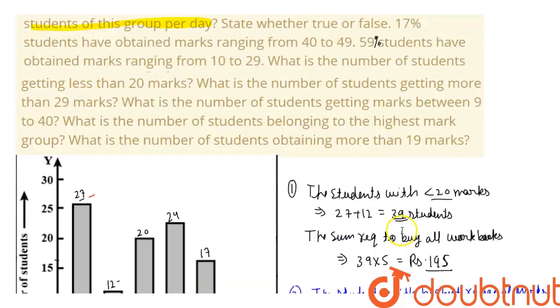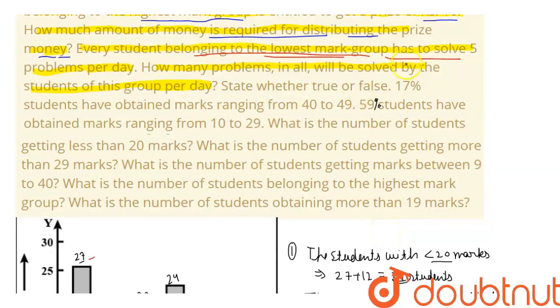Now in the question they are talking about that each student has to solve 5 problems per day. So they are asking about how many problems will be solved per day by all students.